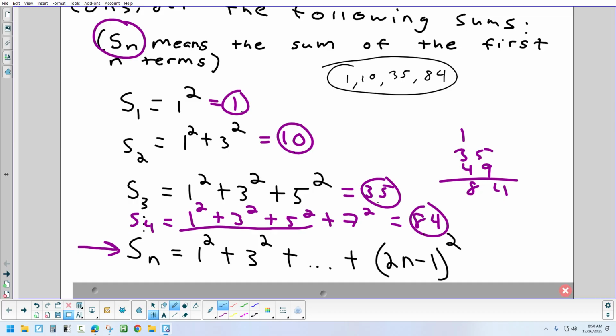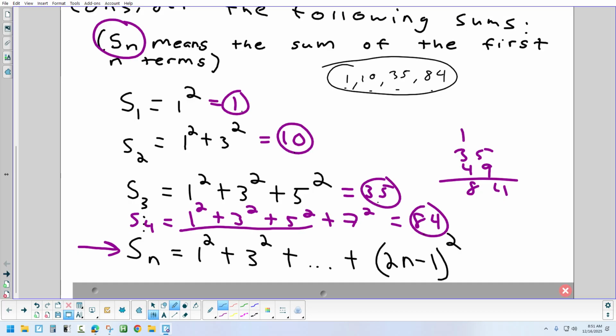So that way, if we wanted to find like s sub 200, I don't want to have to add up 200 numbers to figure out what that is. I want to look at the ones I already added up and see if I can find a pattern. 1, 10, 35, 84. See if there's some kind of pattern to it. Right. That's going to be the goal. Any question on that?